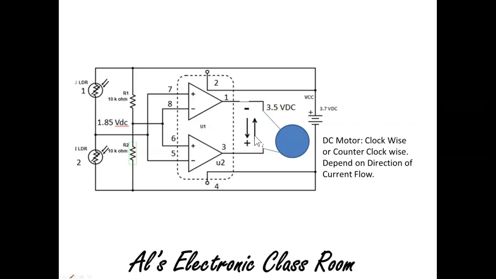And that's why he's going between the 2 LDRs, shining a light on them, because the current flow is just changing directions, and when the current flow changes directions, that changes the direction of the DC motor, either clockwise or counterclockwise. And that's how this works. It's not mysterious. It's not magic.